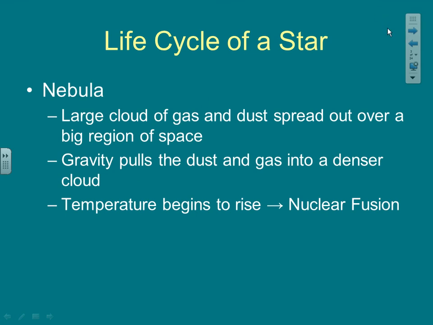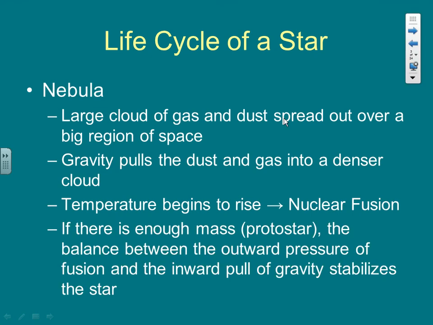So then, we hit a critical point. If there is enough mass, something that we refer to as a protostar. So how much mass this nebula of gases and dust has will determine what happens next and if it makes the cut.